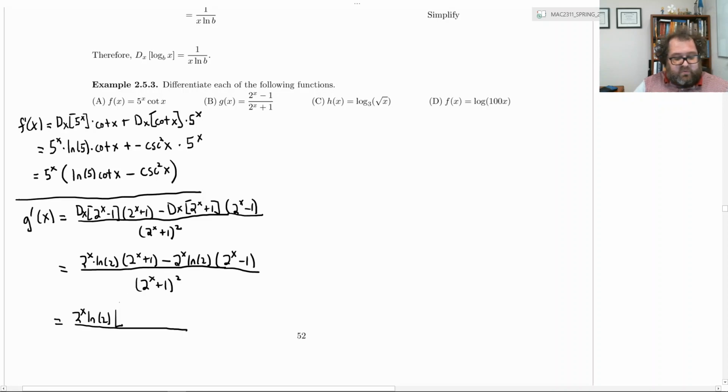That leaves us with what? 2 to the x plus 1, and then a plus 2 to the x. Oh, wait. I about lost a negative sign there. Here, let's do this carefully.